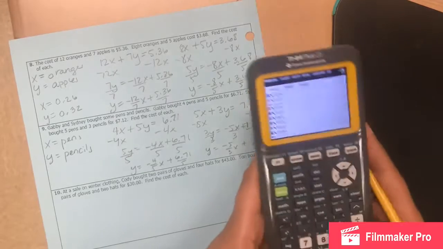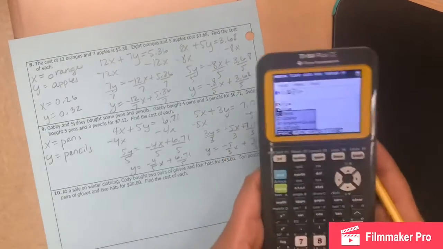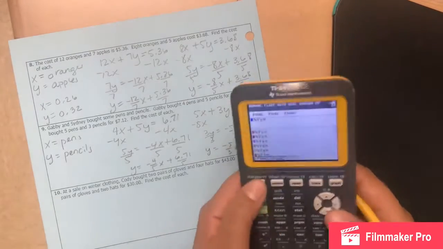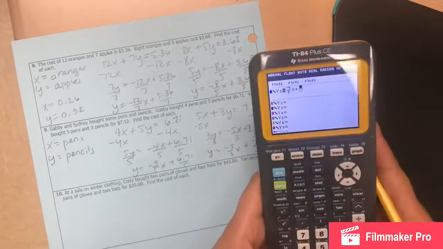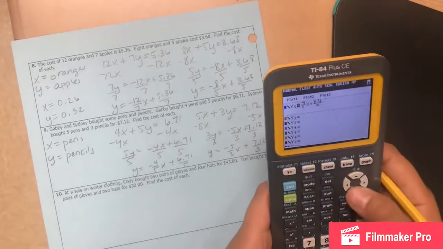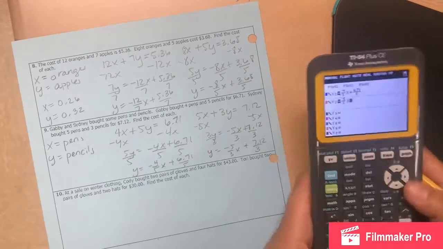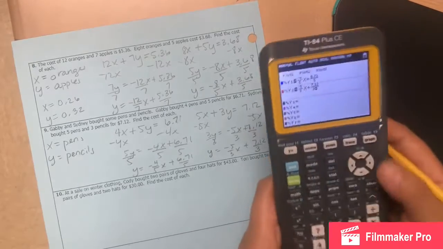Okay, so the first one is negative 4 over 5x plus 671 over 5. Oh, I just erased everything. Gotta love it. Good thing I'm speedy. On the second equation, it's negative 5 over 3x plus 712 over 3.